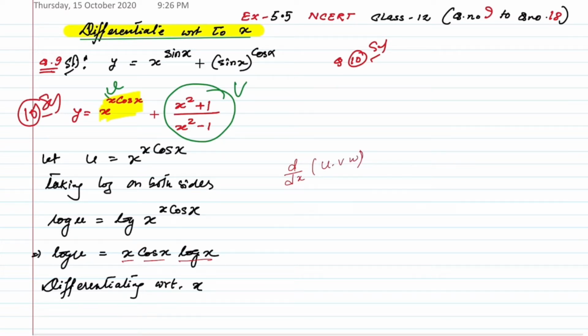So how to differentiate it? u v derivative of w plus u w derivative of v, then v w derivative of u. So we are going to apply this rule here. So derivative of log u will be 1 by u du by dx.